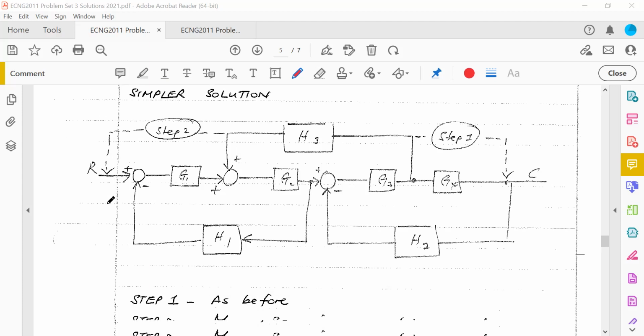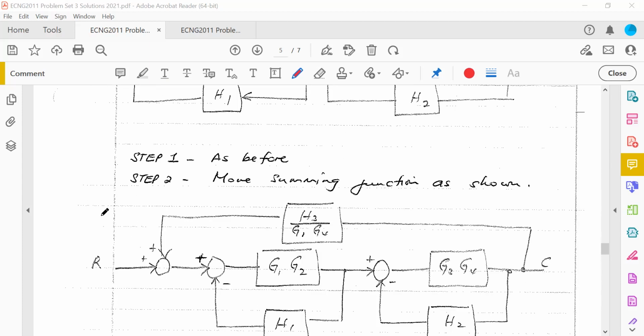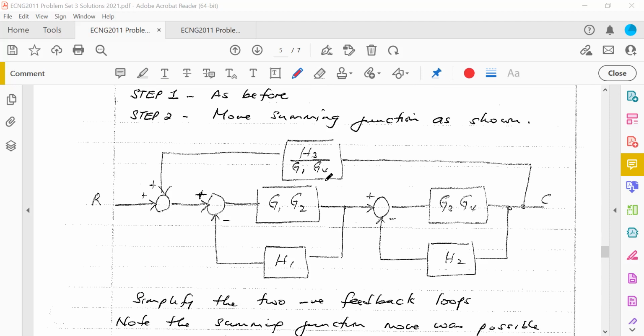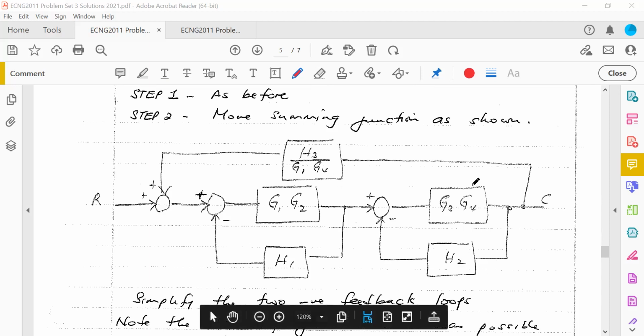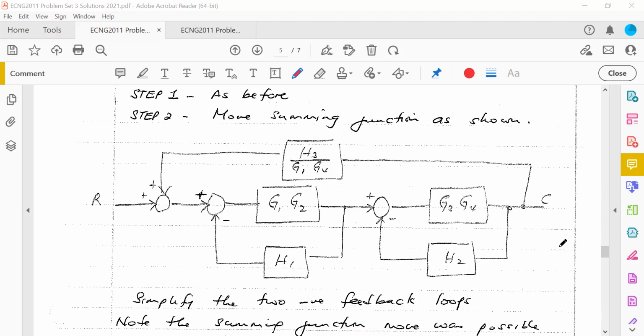If I do that, then what I land up with is two simpler negative feedback blocks to work with, and then the overall positive feedback block on the outside.